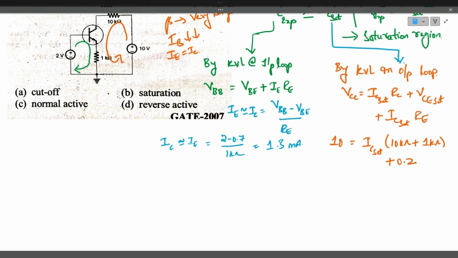VCE saturation is 0.2 volts. So by solving all these, you will get the collector saturation current, IC saturation, as 0.891 milliamps. So it is proven that the IC expected value, that is 1.3 milliamps, is greater than IC saturation. So the transistor is said to be running in saturation mode.